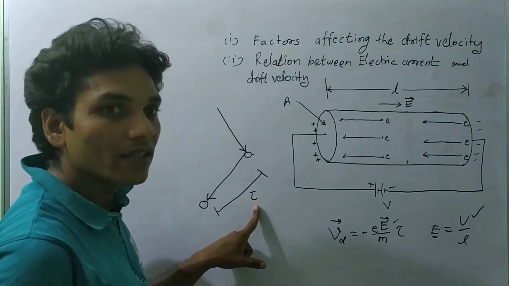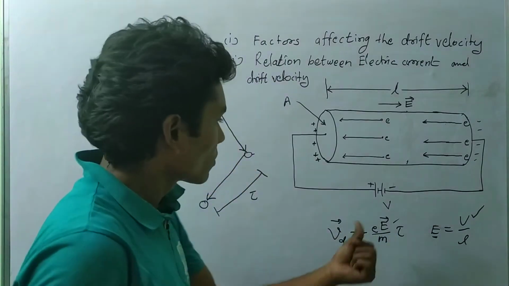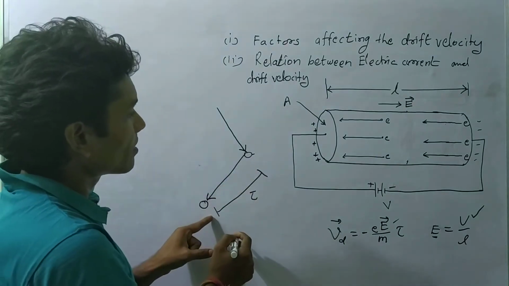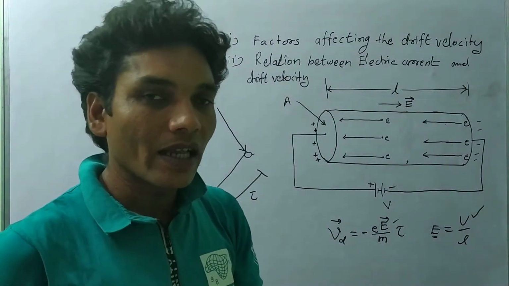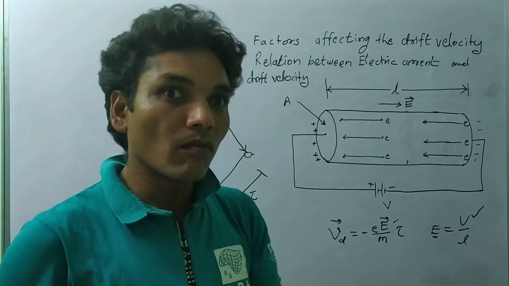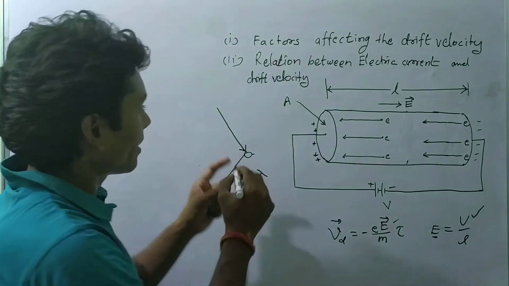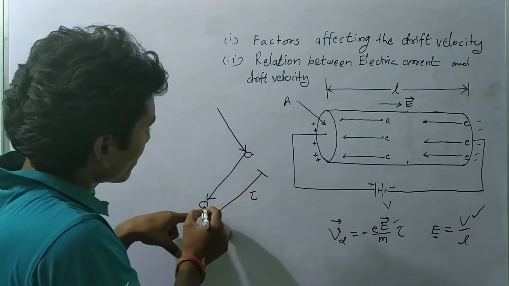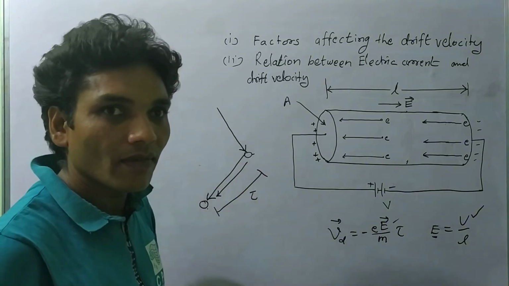If the temperature is increased, the electron will get more energy and will reach here in less time.